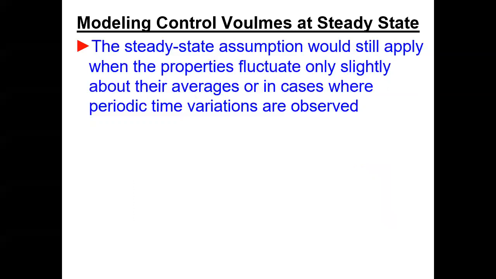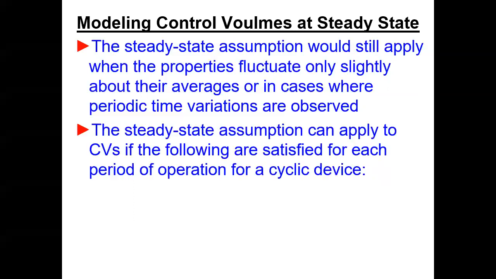Okay, these are comments about those figures. The steady state assumption would still apply when properties fluctuate only slightly about their averages, or in cases where periodic time variations are observed. The steady state assumption can apply to control volumes if the following are satisfied for each period of operation for a cyclic device.